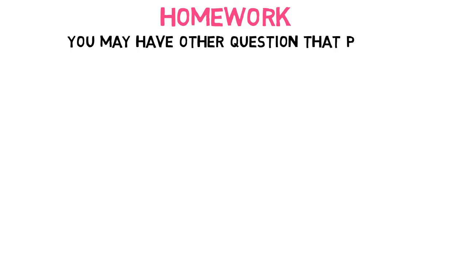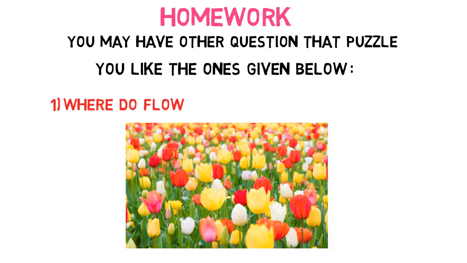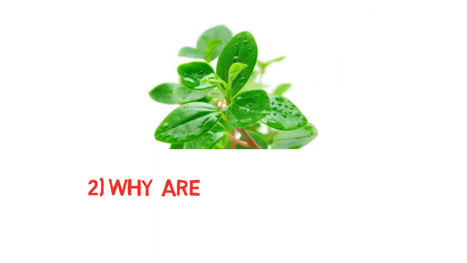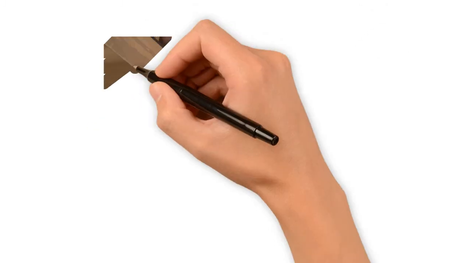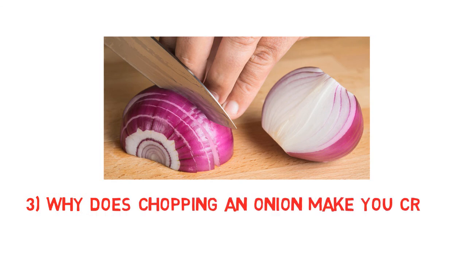Homework. You may have other questions that puzzle you like the ones given below. First, where do flowers get their color from? Second, why are leaves green? Third, why does chopping an onion make you cry?